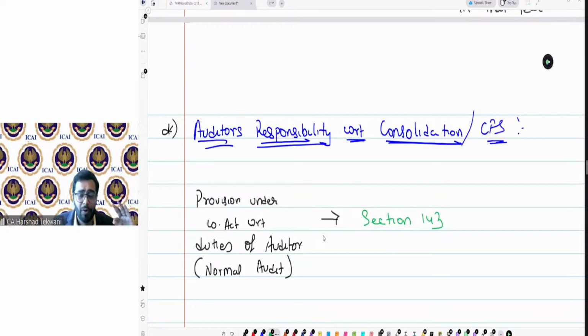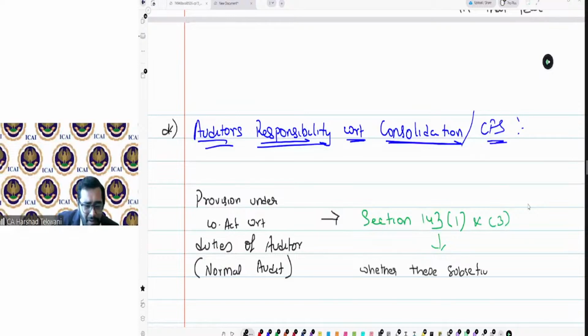Now, my next question is whether section 143, let's say for example, 1 and 3 both, whether these subsections or section are applicable for audit of CFS.